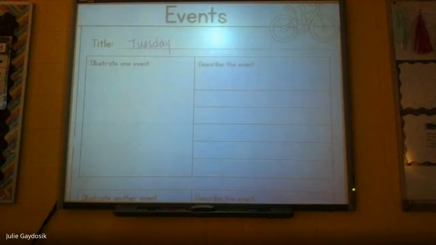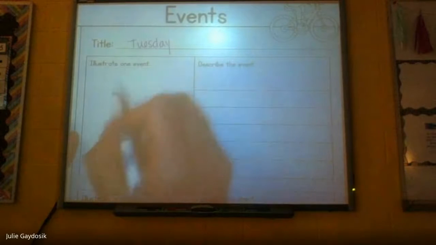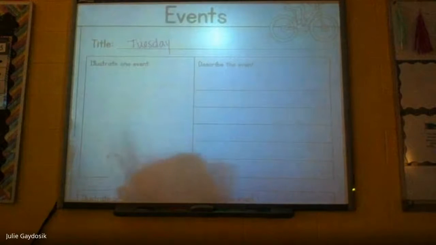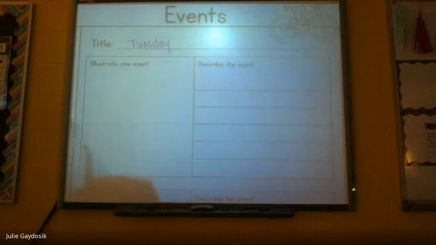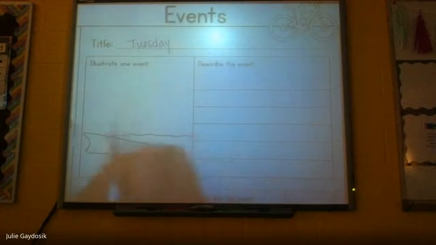Okay, so make sure that you have a pencil and your notebook, that you divided your page in half, and we're going to illustrate this event. So there's like a pond, right? The turtle's sitting here, right?